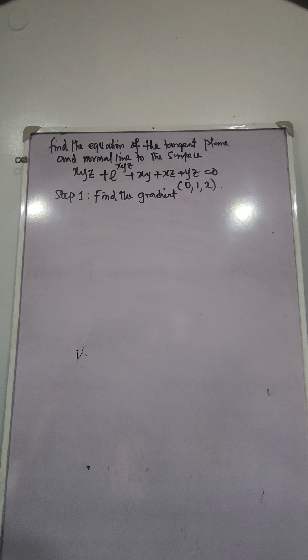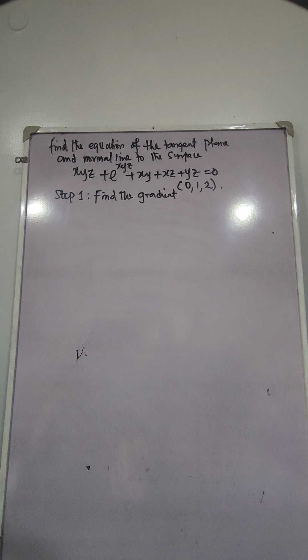What is f of x? If you differentiate xyz here, you have 1 multiplied by yz, you have yz, plus, let's differentiate e to the power of xyz with respect to x. You have yz, that yz that you just differentiated comes down.